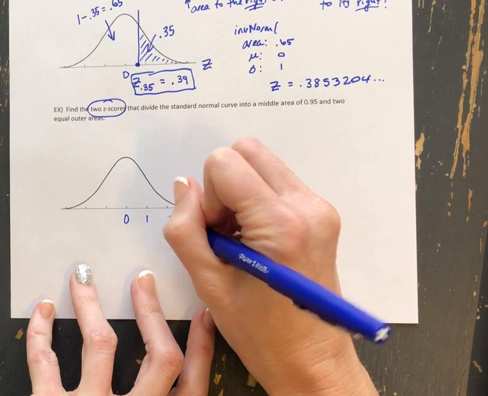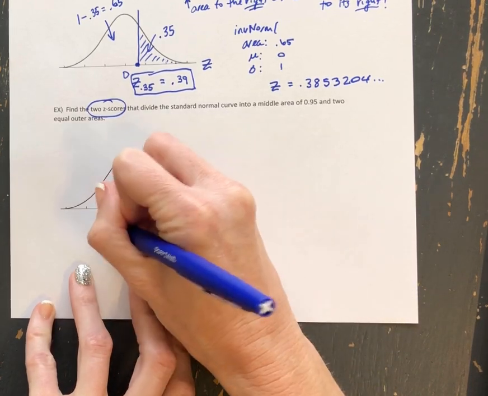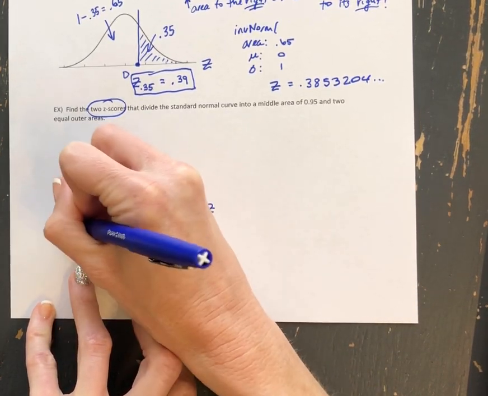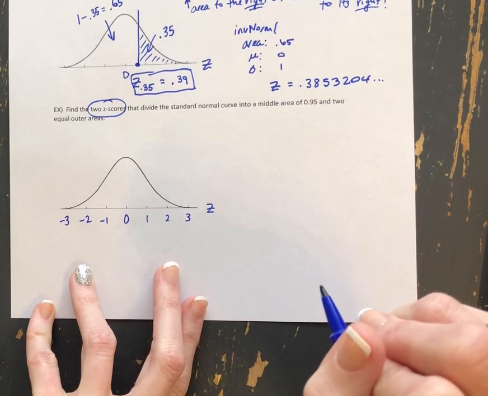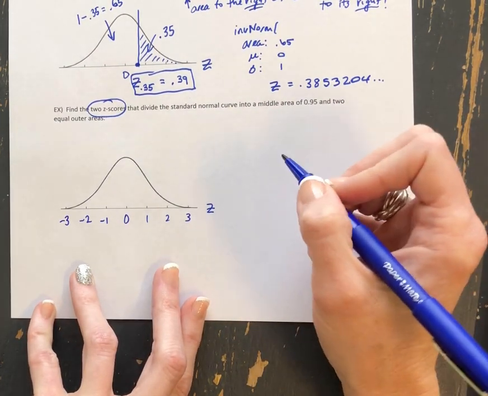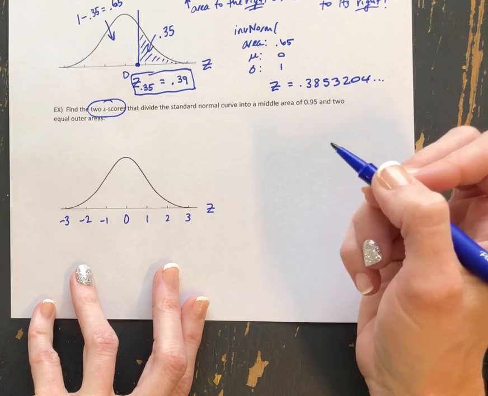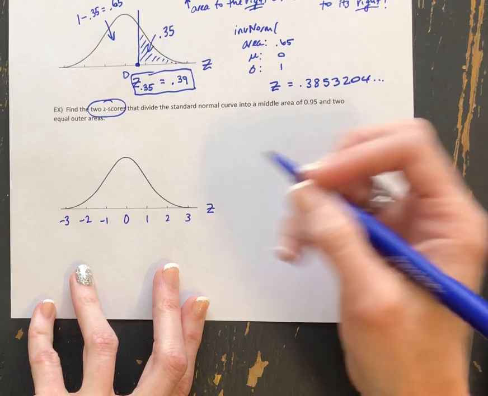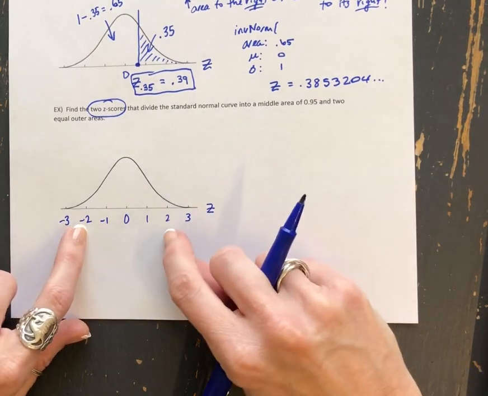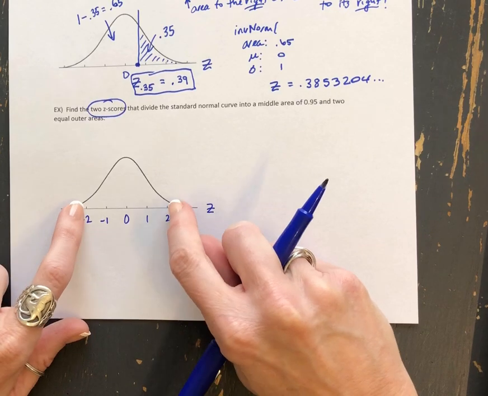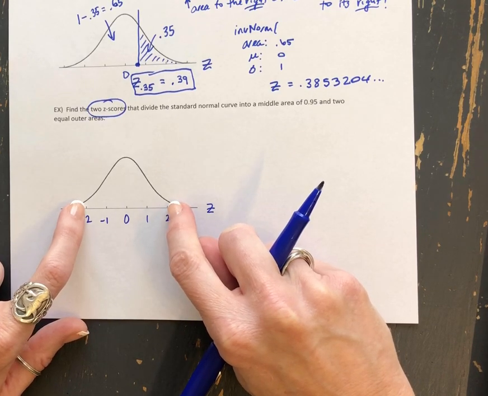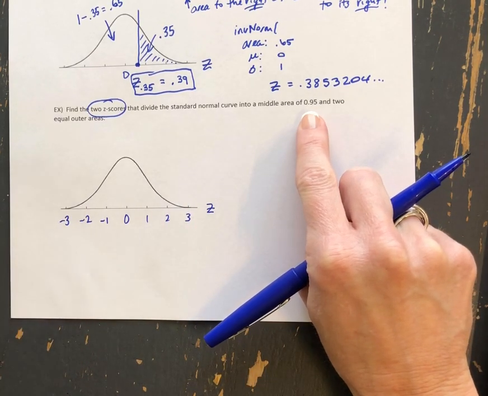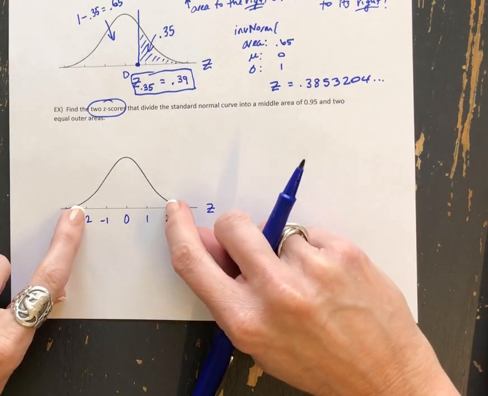And I hope that you remember from the empirical rule, which was that 68, 95, 99.7 rule, that's going to happen right around 2 standard deviations, right? Right around 2 standard deviations is where we get 95% or 0.95 of the middle area.